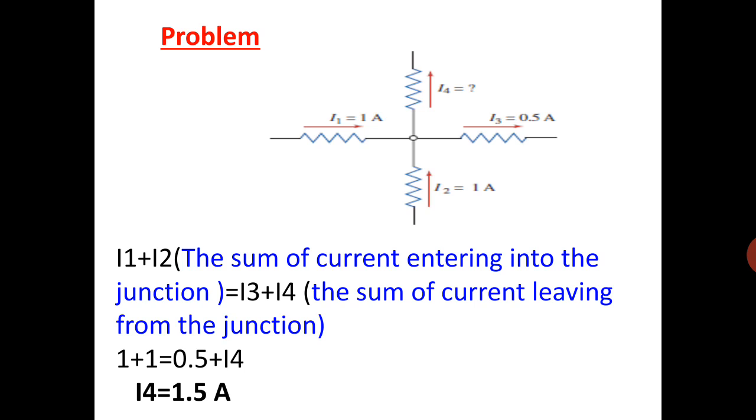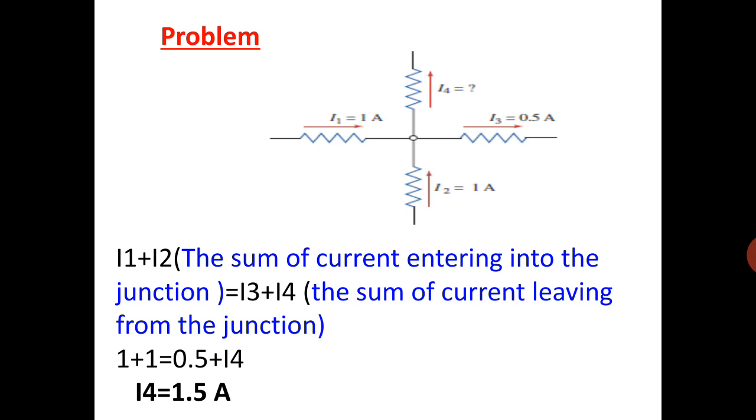Now you are going to see how Kirchhoff current law can be solved in a circuit. If you see the problem here, 4 different resistors are given, with currents I1, I2, I3 and I4. All the resistors are connected to a common point, that is a junction.